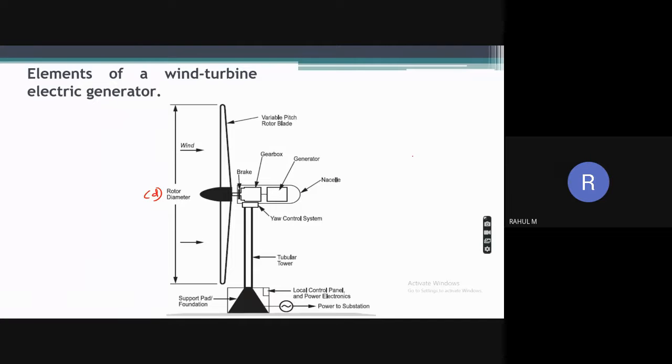Make a note of this: a nacelle is a housing in which gears, generators, bearings and control gears are mounted. So that is called a nacelle.